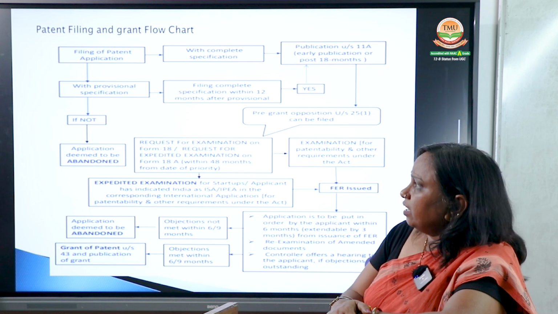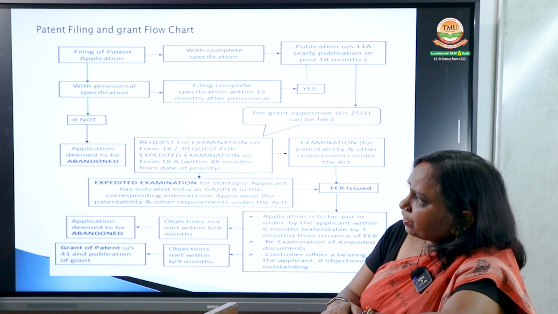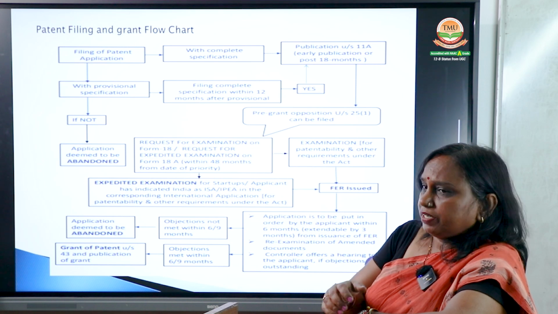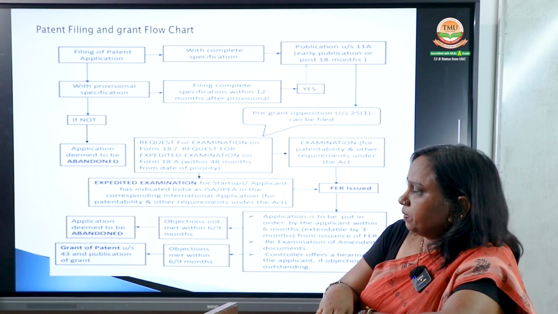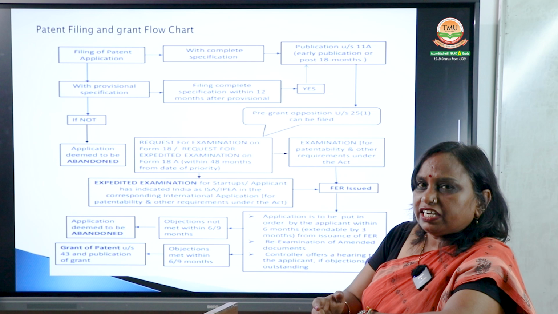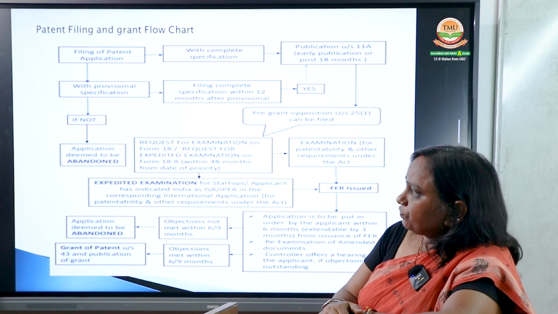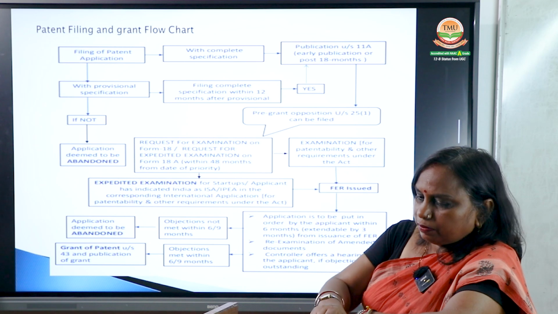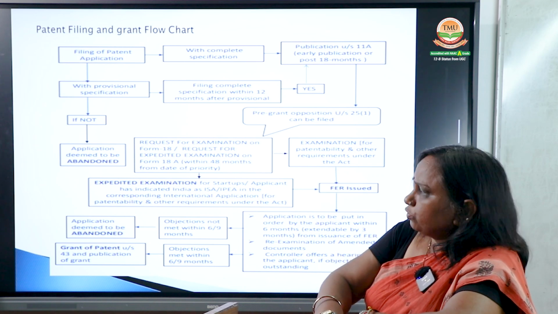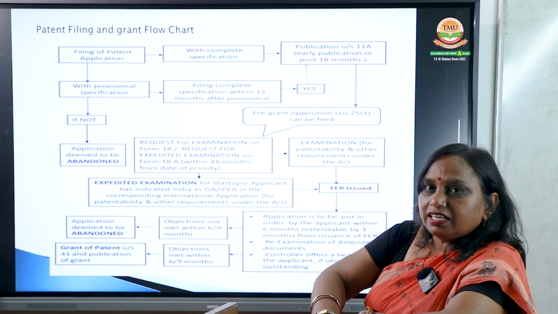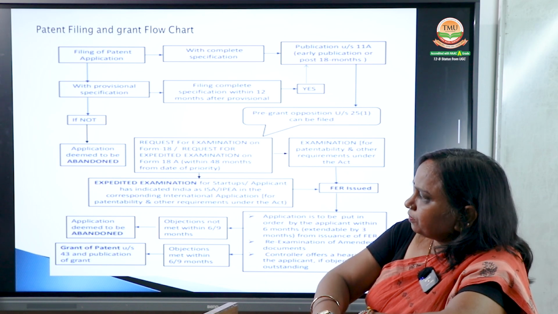Then in that case, the inventor can submit the provisional specification, and the final one within a specific period of time. And if the inventor is not able to produce the final specification, then the application will be rejected or deemed to be abandoned. So this is the entire flow chart of the grant of patent.